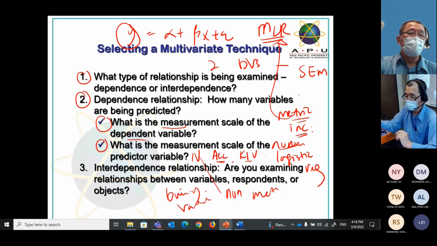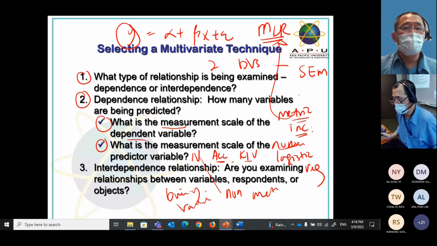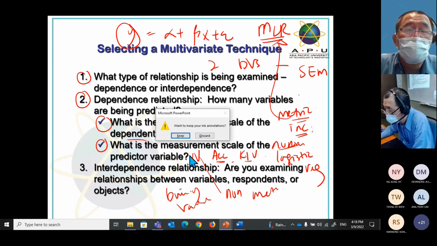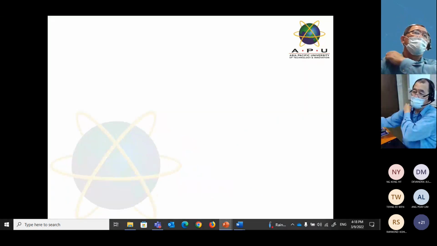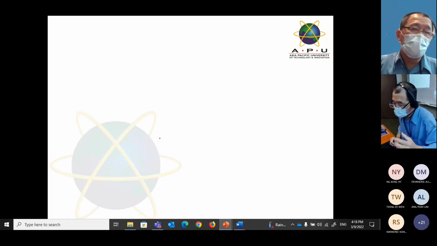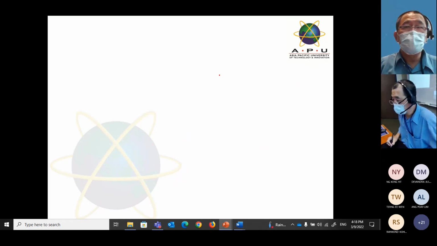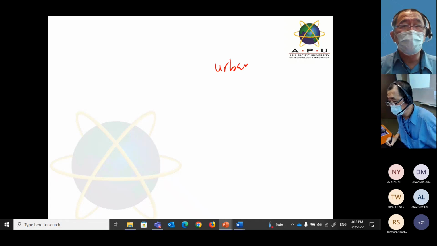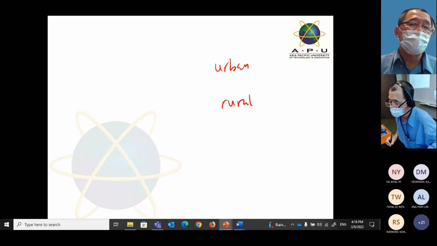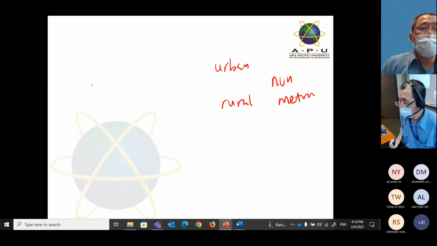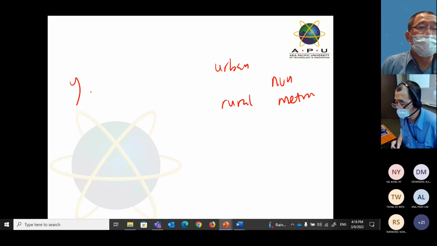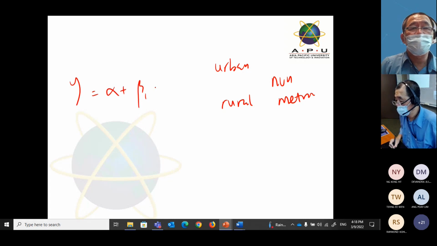For example, let's say you believe that students in the urban area can perform better compared to students in the rural area. This is non-metric, and this one can affect the academic performance.